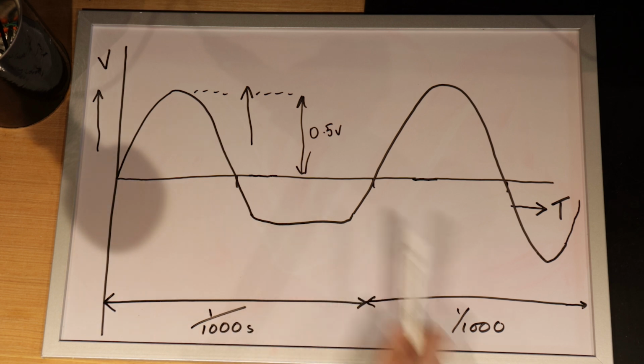Here the signal's clipping on just one side of the wave. So this is why, as a builder of amplifiers or a repairer of amplifiers, you might want to use an oscilloscope.